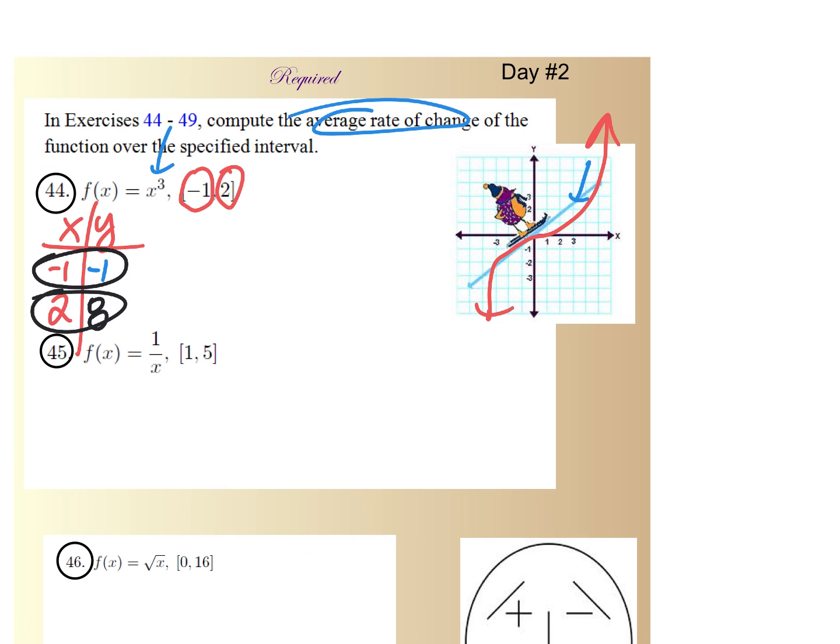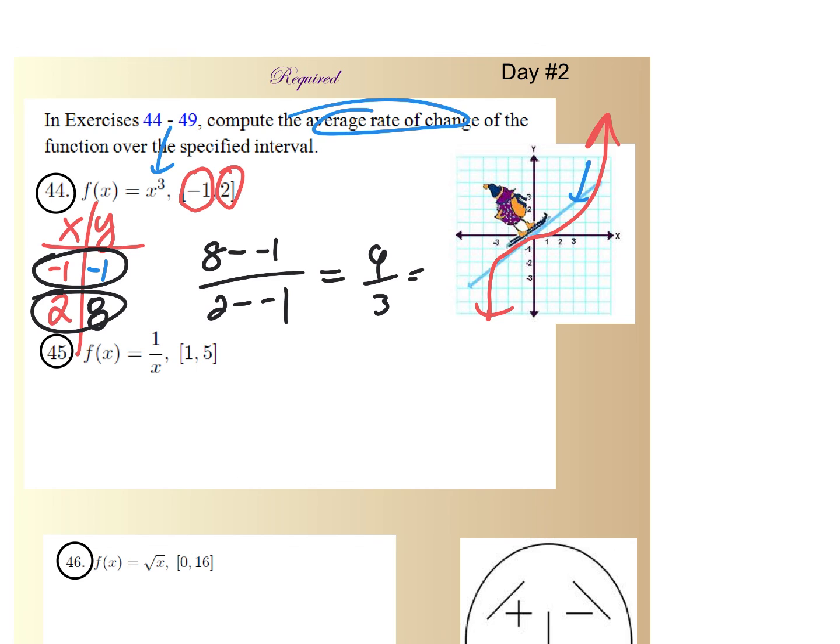What do I do with the 2 points, Braden? Find the slope. So what minus what over what minus what? Y minus y1. How about the actual numbers in this case? Oh, well, 8 minus -1 over 2 minus -1. Perfect. 8 minus -1 is 8 plus 1, which is 9. Over 2 plus 1 is 3.